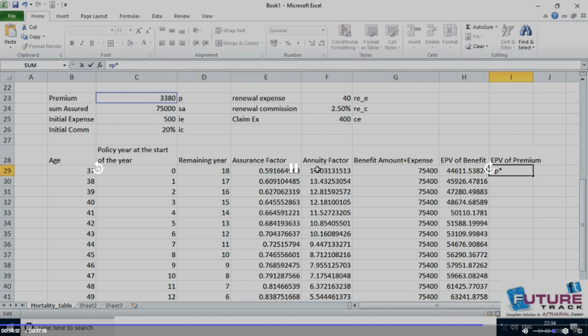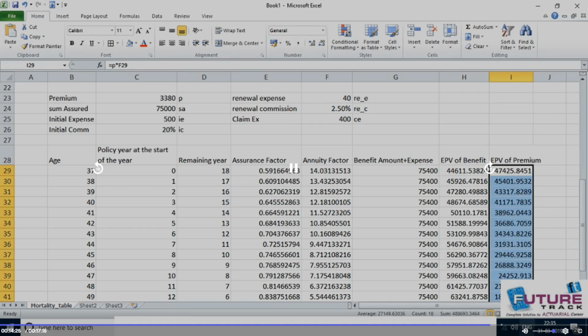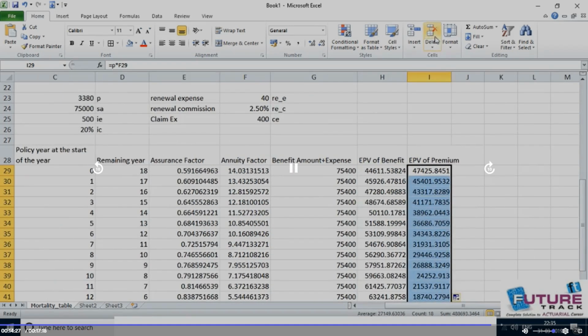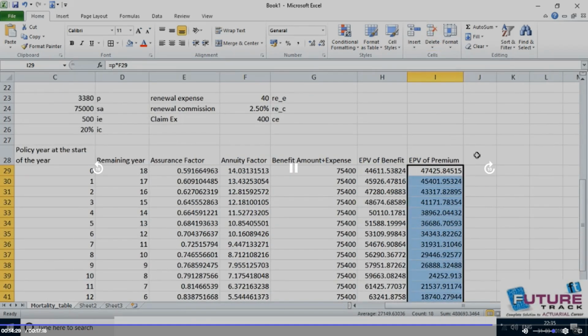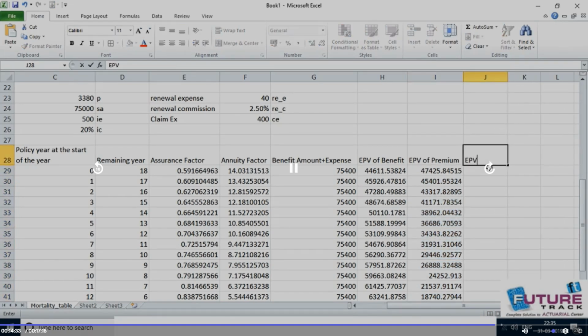This is my annuity factor. Okay. So this is my EPV of premium. Fine. And the last thing left is EPV of expense.